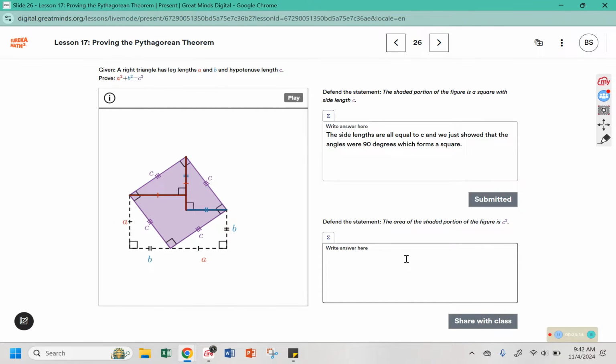The area of the shaded portion is c squared. A square with side lengths c would have an area of c times c, which is the same as c squared, or c to the second power.